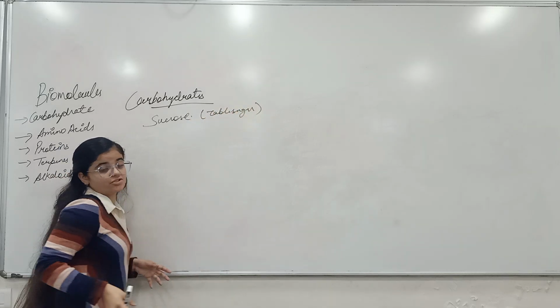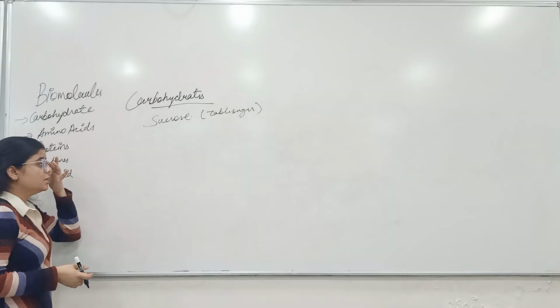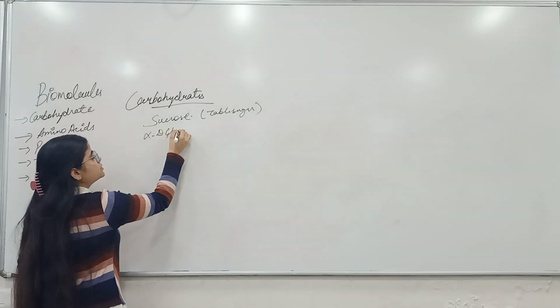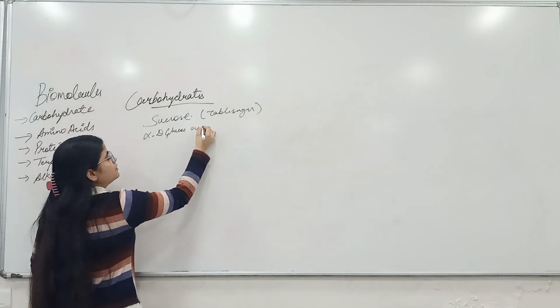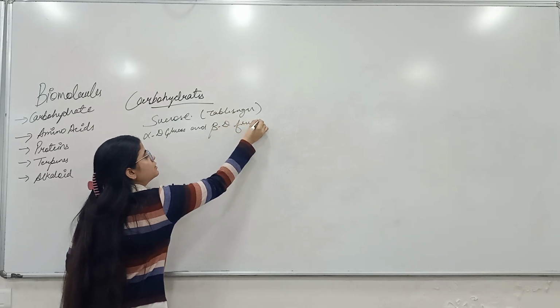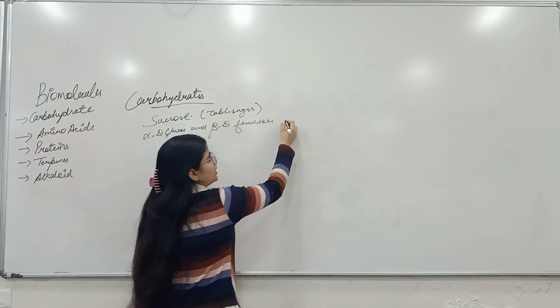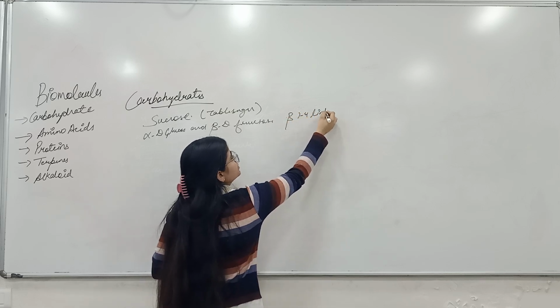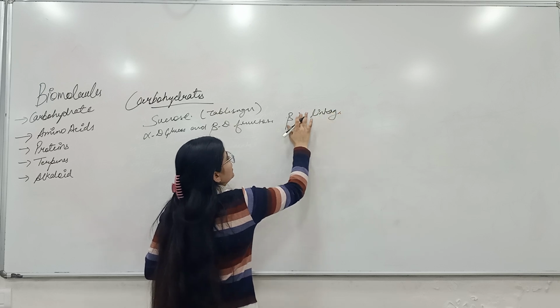We will be drawing the structure for this disaccharide sucrose that contains alpha D glucose and beta D fructose bonded with a glycosidic linkage.